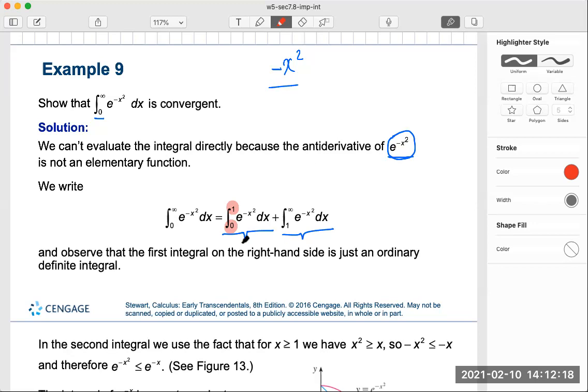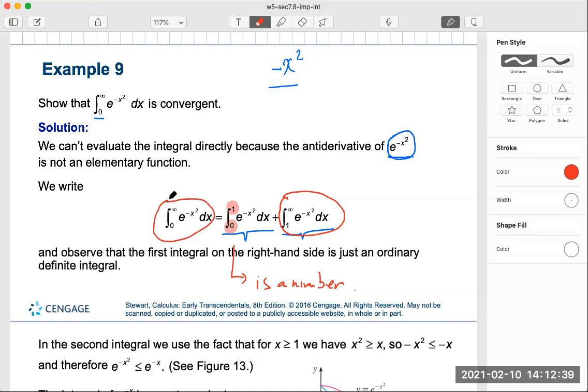So for the right hand side term here, if it is convergent, then we can conclude that the whole thing here is convergent, right? If it is divergent, then the whole thing would be divergent, right? So we break our problem into smaller problems, okay?